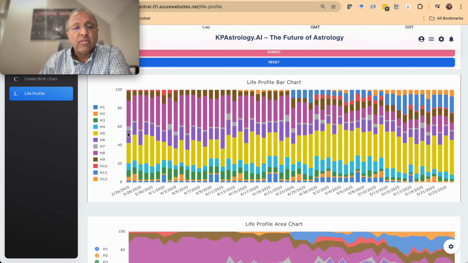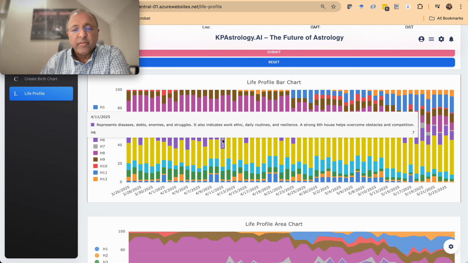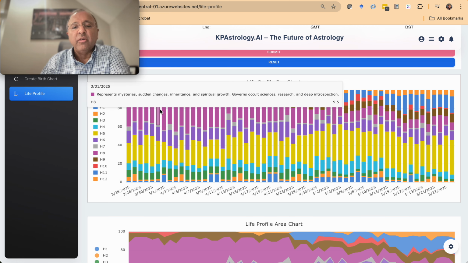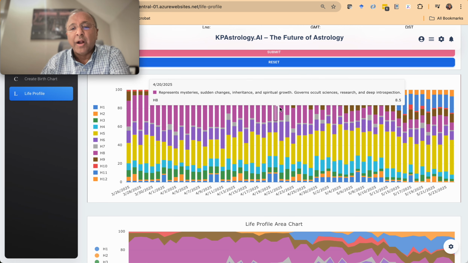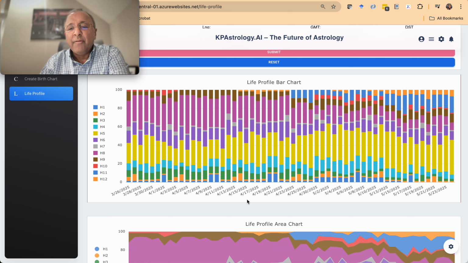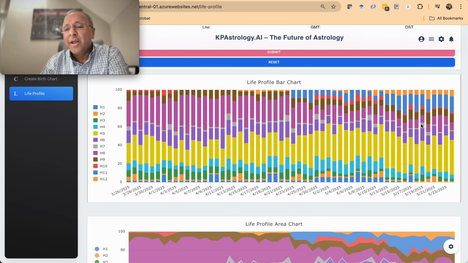Along with that, the sixth house of money coming in, winning in competitions, exams, work, service to others is also relatively strong. But even stronger is the eighth house of introspection, sudden changes, transformation, very, very strong until sometime in the 25th of April, after which you can see the purple color starts to get weaker and weaker.